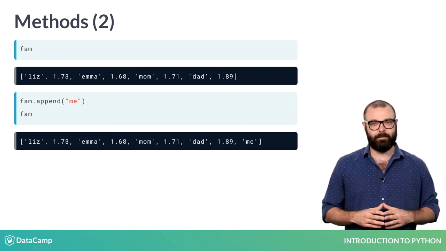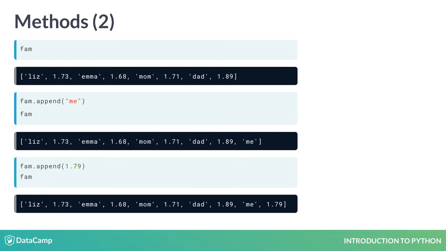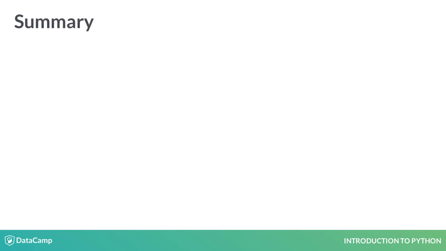Let's do this again, this time to add my height to the list. Again, the fam list was extended. This is pretty cool because you can write very concise code to update your data structures on the fly, but it can also be pretty dangerous. Some method calls don't change the object they're called on, while others do. So watch out.